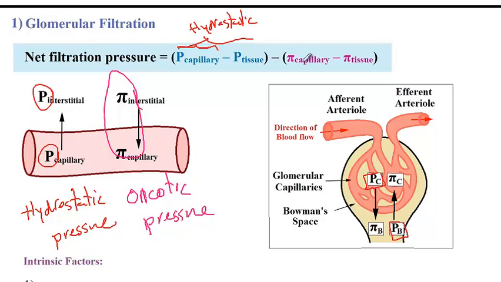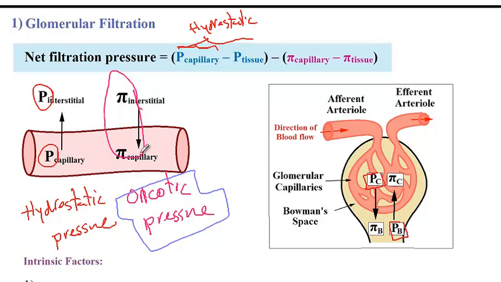The next factor is pi, which is oncotic pressure. Oncotic pressure is the osmolarity contributed by albumin and other proteins present inside either the tissue or the vessel. What this oncotic or osmotic pressure does is pull fluid back. You know how hydrostatic pressure likes to push fluid out?